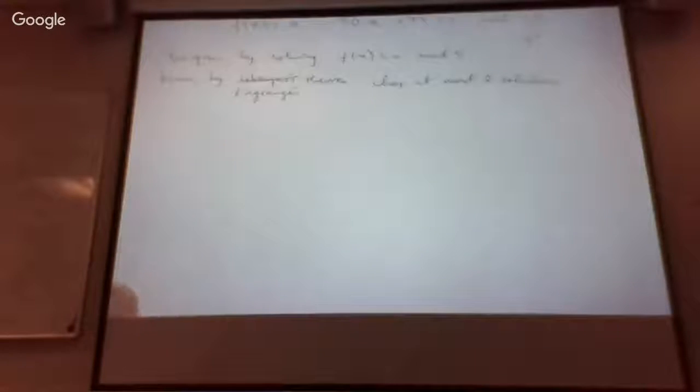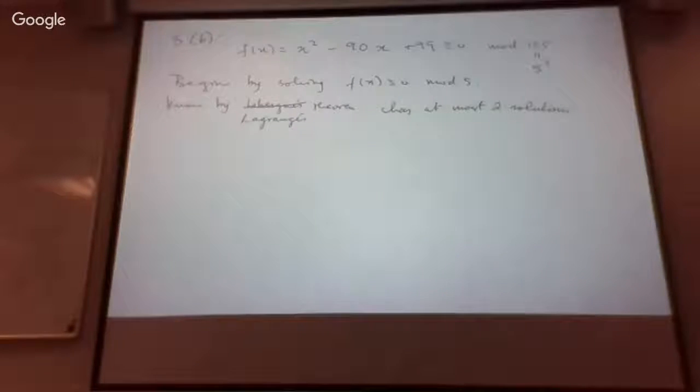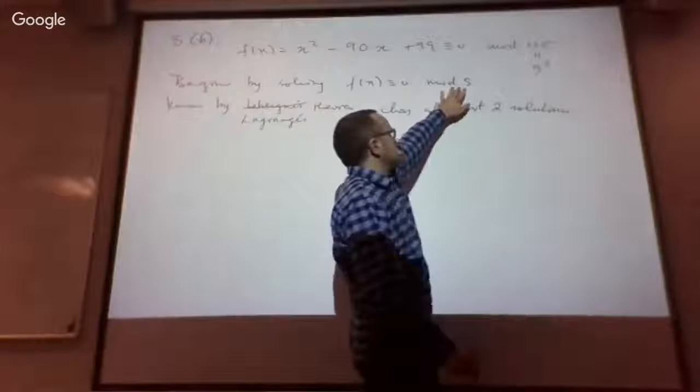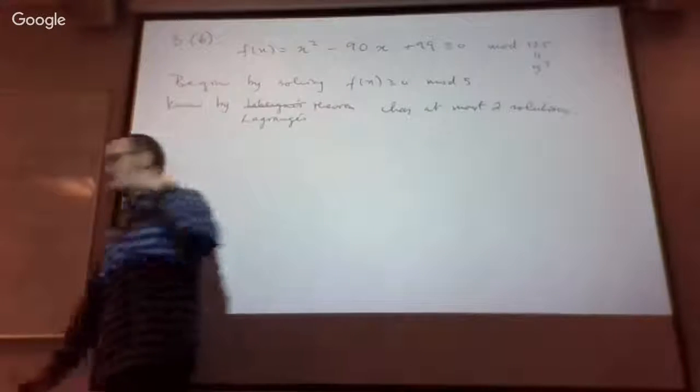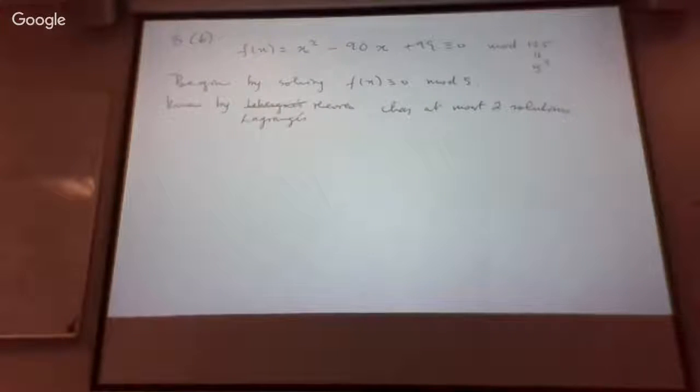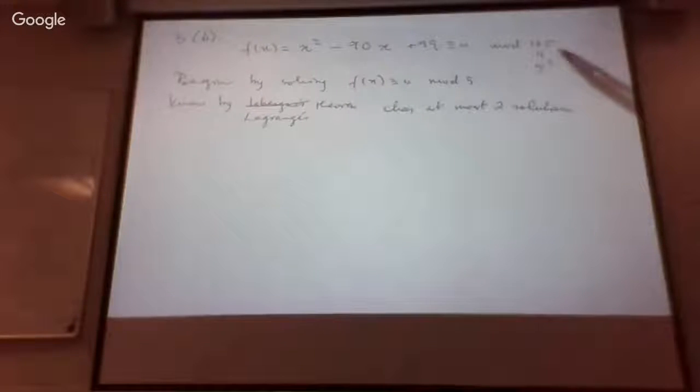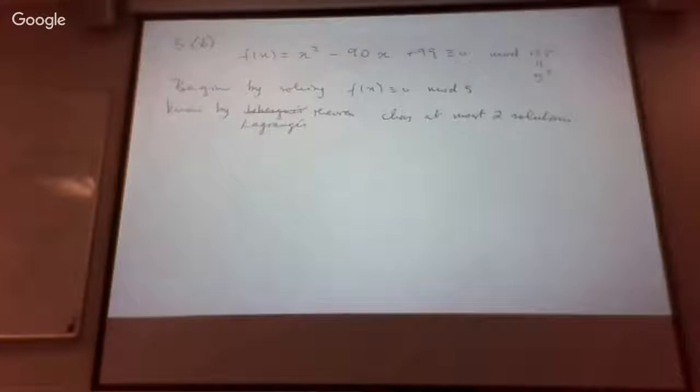So that's good to know as an upper bound. If we do identify two solutions, we'll know that there aren't any more. Lagrange's theorem only applies in the case where the modulus is a prime. So that consideration only applies at this bottom level. Modulo 125, there could be quite a few solutions.